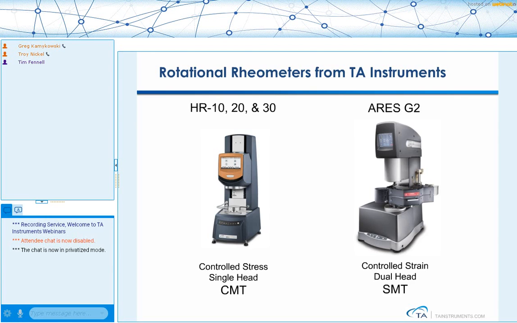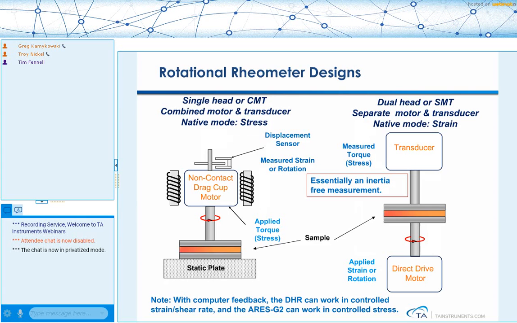The way that we would describe the HR rheometers is the native mode is controlled stress, single head, and combined motor and transducer. The Aries C2, which you see on the right, we've had for quite a while. This replaced the Aries rheometer several years ago, and we describe this as controlled strain, dual head, and separate motor and transducer.